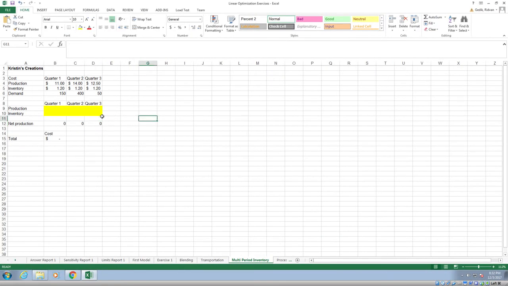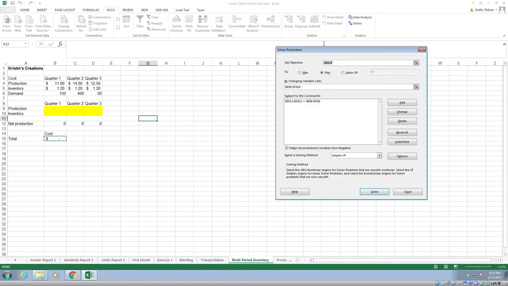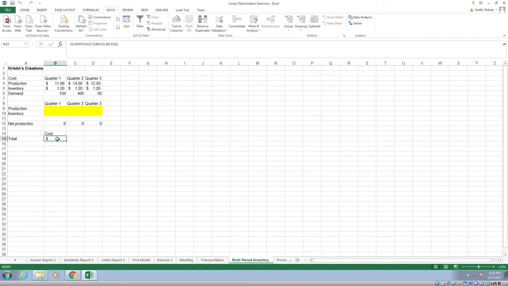Right, so what we are going to do is go to solver, set up our objective function. Okay, our objective function, let me show it to you, is just the sum product of these with the production and inventory costs, because this row is going to hold how much to produce, and this one is how much to keep in inventory, right? And this is exactly what you have.